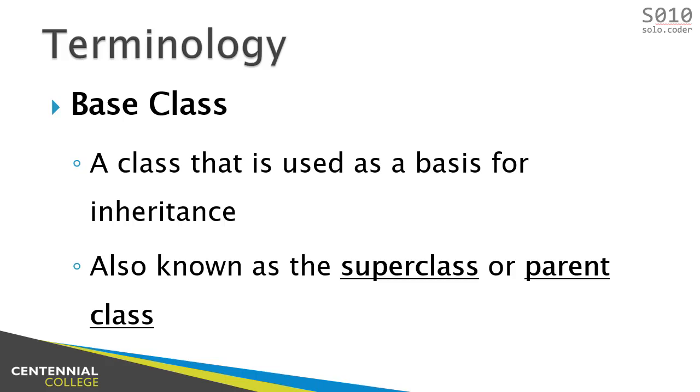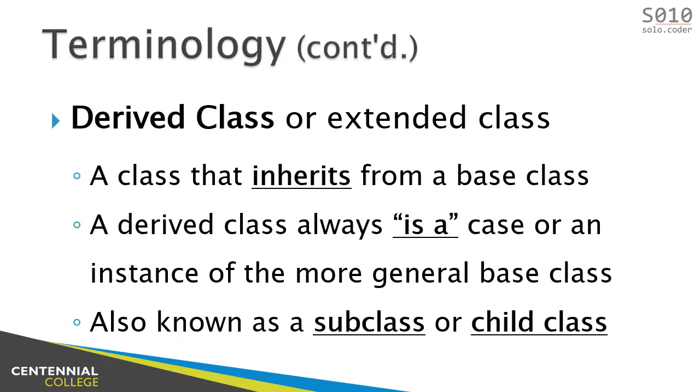Let's talk a little bit about the next one. So we have, again, you're going to see those different terminologies. And then we have child classes. We have derived classes. Again, you may read, you may hear all those different types of terminologies. Derived class, extended class. It's a class that is extending another one. Subclass, child class. Okay?